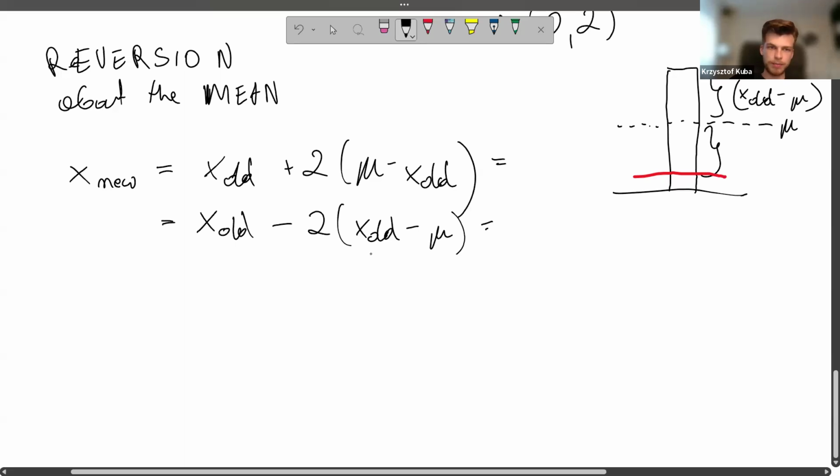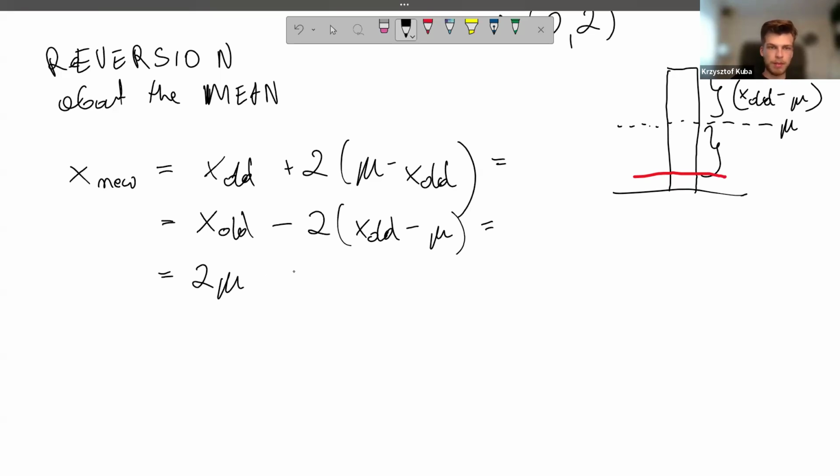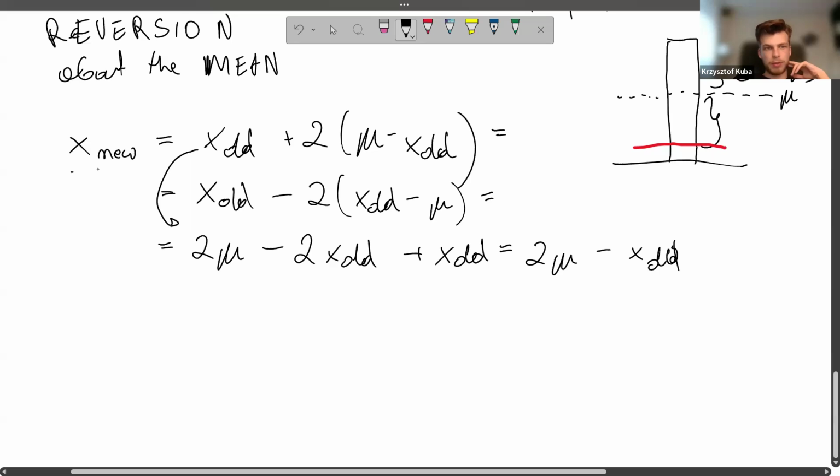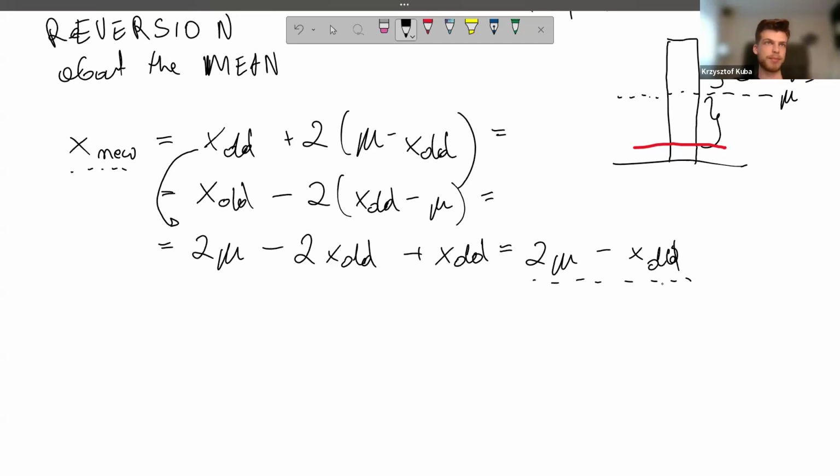Expanding this further gives us 2 mu minus 2 times x old minus x plus x old, which is just 2 mu minus x old, right? So we have the value for our x new based on our old state.